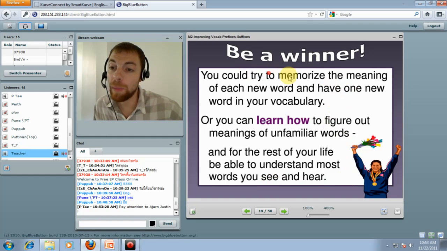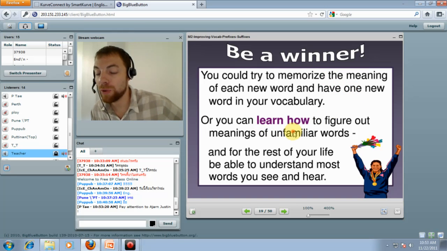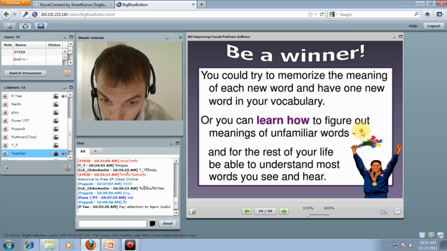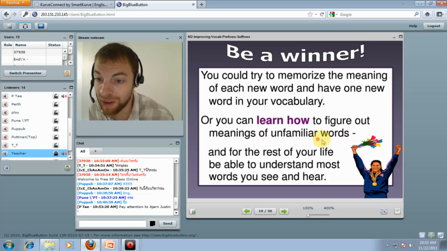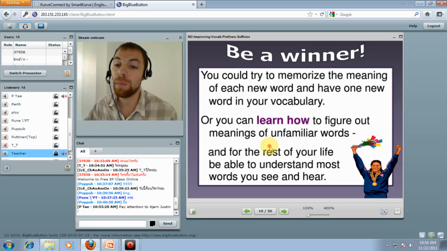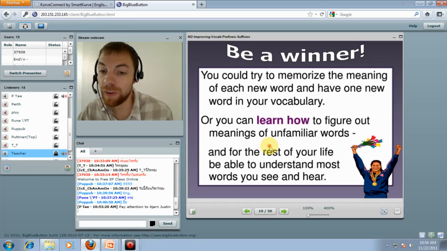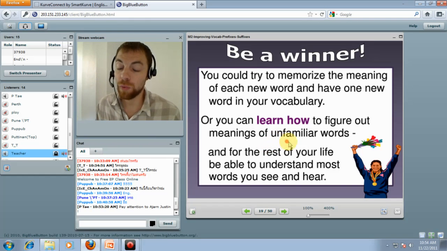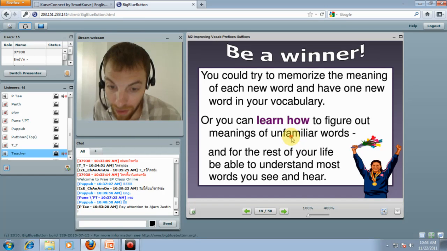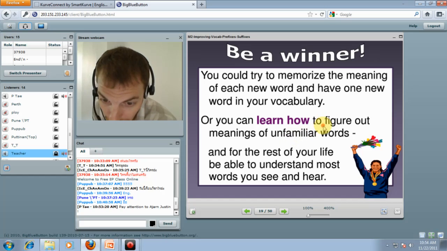So memorizing a word is good, but learning roots and prefixes and suffixes is very good because it helps you to figure out the meaning of unfamiliar words. So if you know many roots, many prefixes, and you find a word you don't know, it can help you find the meaning. And it's also, for the rest of your life, going to help you to do many things.